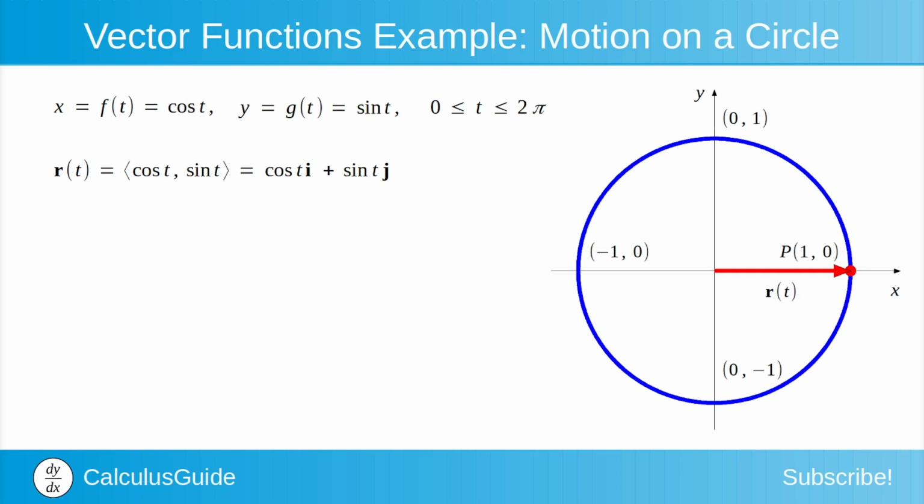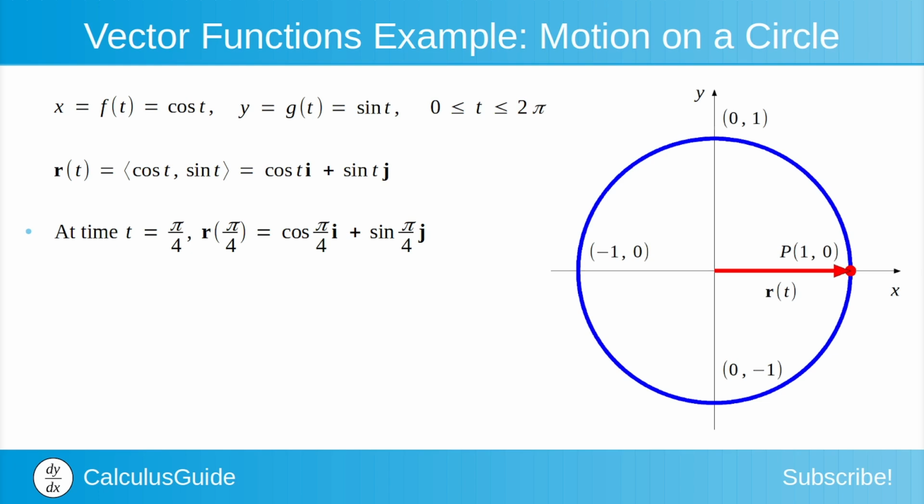The vector function r of t assigns a position vector to each value of time t on the closed interval from 0 to 2 pi. At time t equals pi over 4, r of pi over 4 is equal to cos pi over 4 i plus sine pi over 4 j.